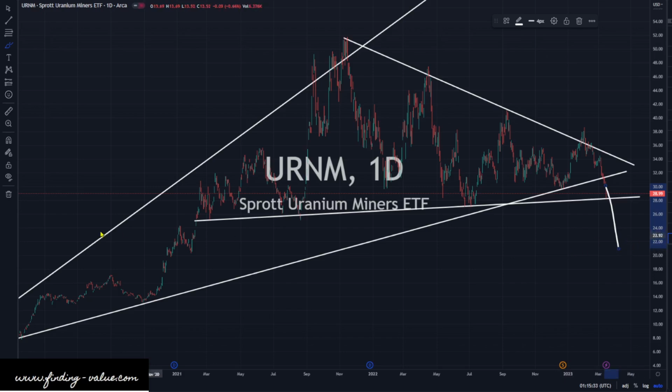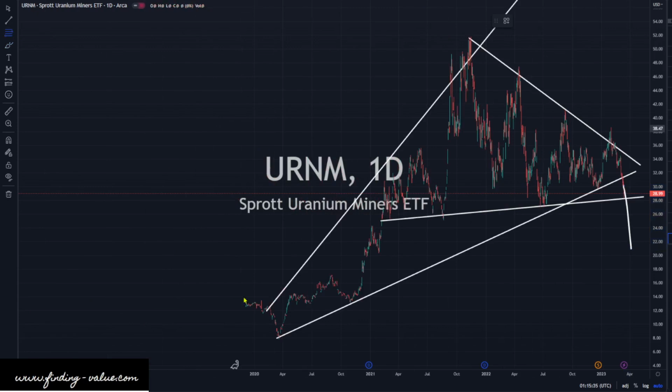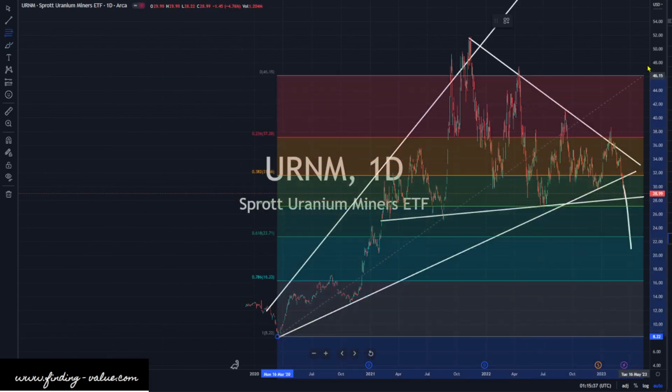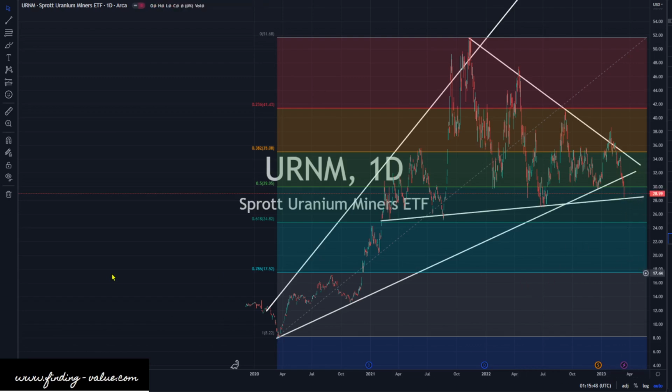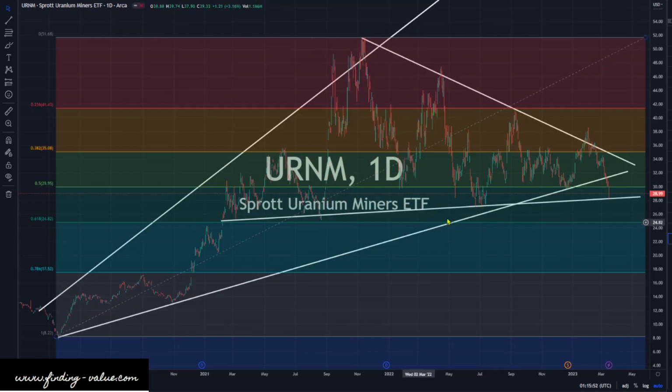Now, let's just say it does pull back, and we can put the move here. Let's say we pull back to the 0.618 level-ish. That's about $25. So $25 from $29 is not that huge of a pullback. And even if we were to go a little bit further, maybe we hit $21.